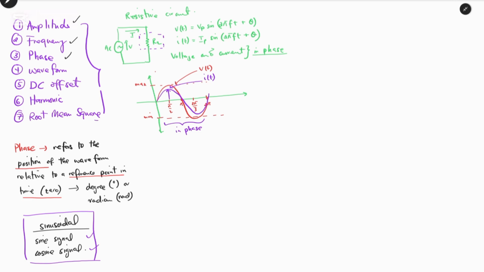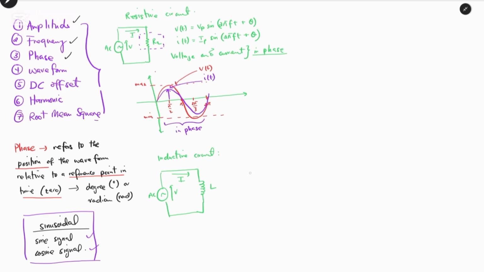And now we will look at the inductive circuit. In an inductive circuit, we have the AC connected to the inductor. An inductor is nothing but an electrical component that normally stores energy in the form of a magnetic field. And we have the inductor, the AC voltage, and the current through the inductor.